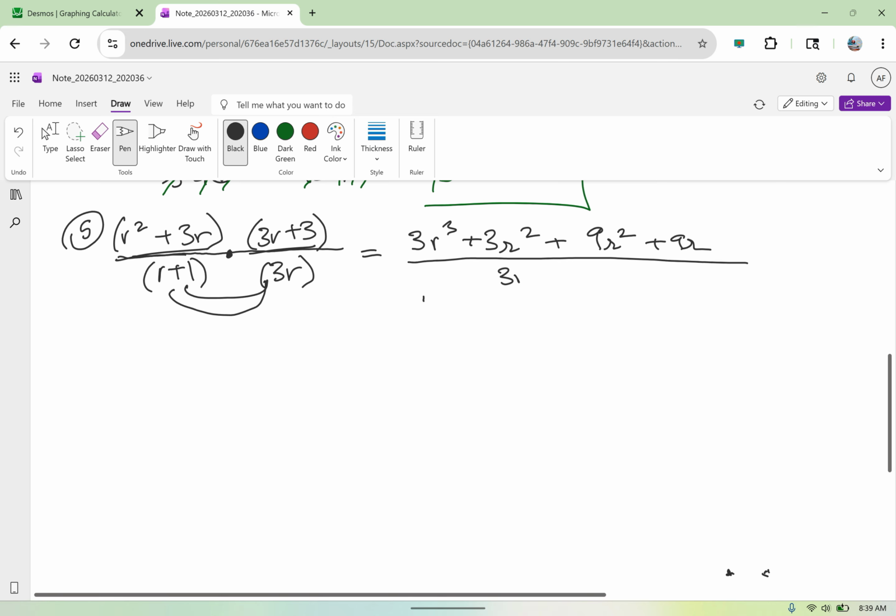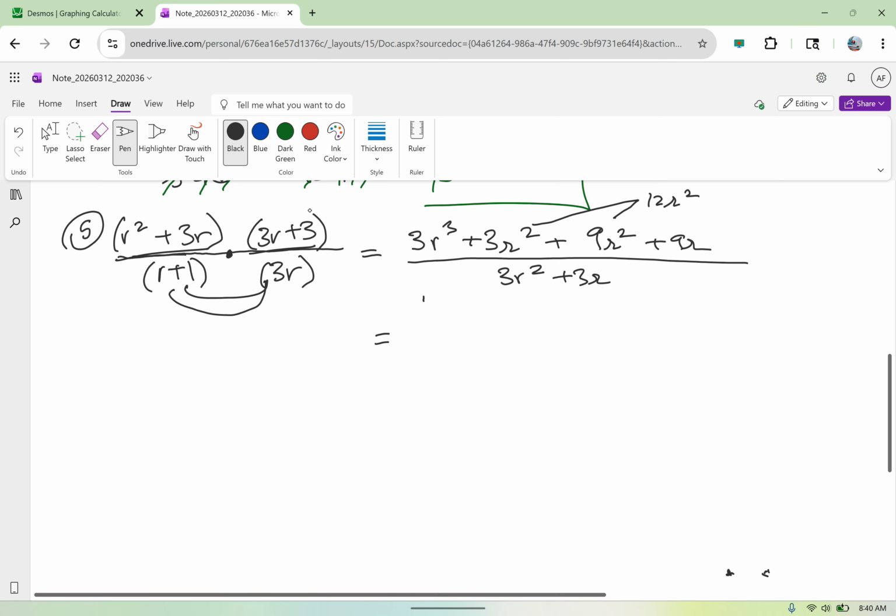And we have, all right, we're going to now combine like terms. So right here, this combining like terms, this becomes 12r squared. And if you look, so now we have 3r cubed plus 12r squared plus 9r.